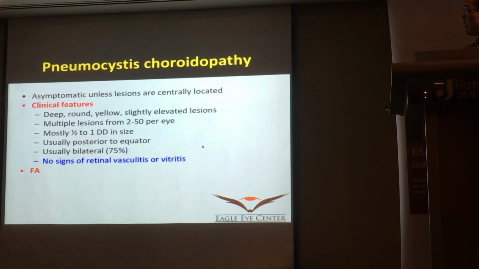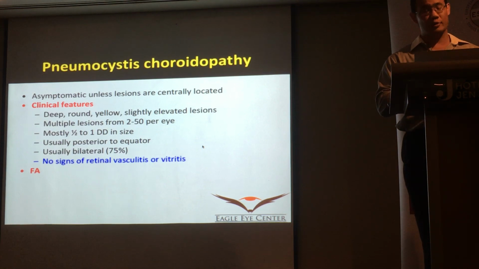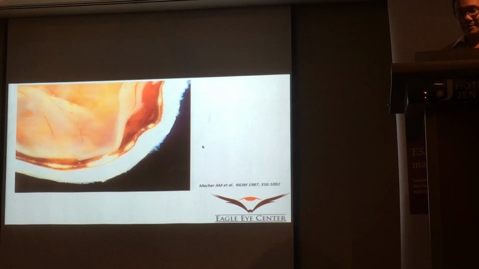So clinical features: deep, brown-yellow, usually multiple, up to 1 disc diameter, usually bilateral. No retinal vasculitis, no vitritis, so quite quiet. FA, just a bit of late staining.